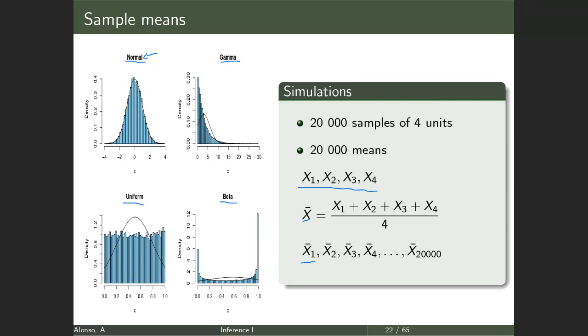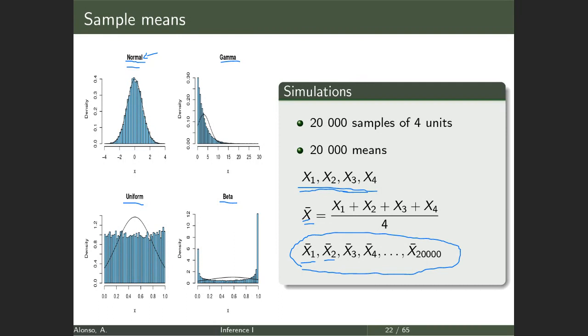And we will come back and select another 4 observations, and we will calculate another average, and we will denote that by x bar 2. And we will repeat these steps 20,000 times. So we will end up with 20,000 sample means based on 4 observations in the normal population.